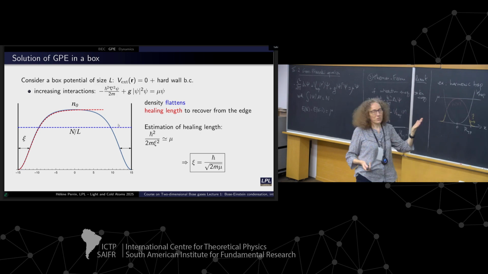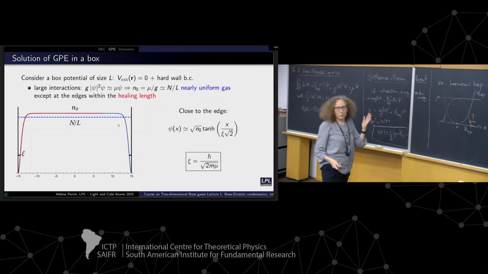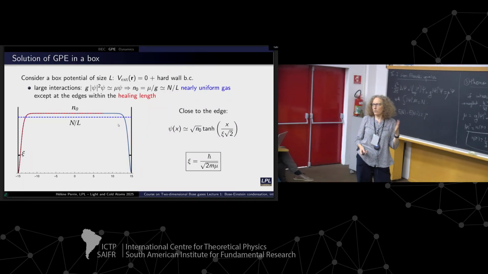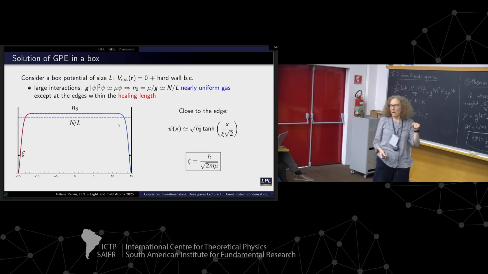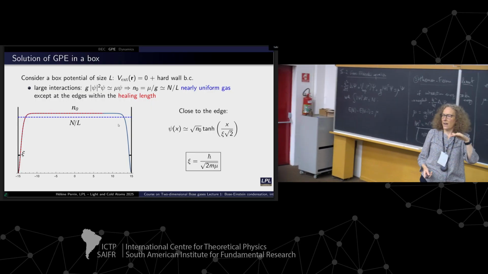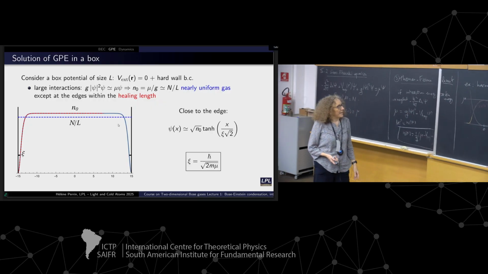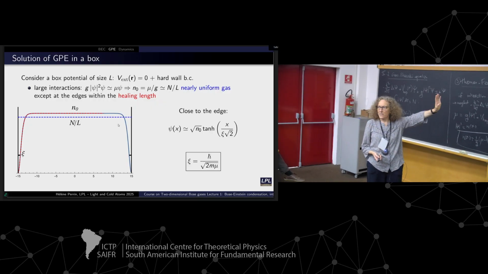And so if mu is larger, then you really want the atoms to go away, and then you reach this kind of situation where the cloud is almost homogeneous with a tiny fraction on the edges that goes to 0 over the size psi. And as I said, the solution on the edge is a hyperbolic tangent.